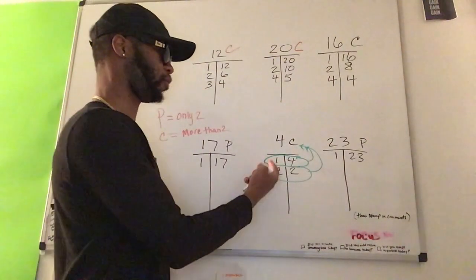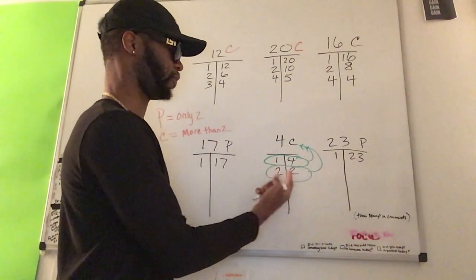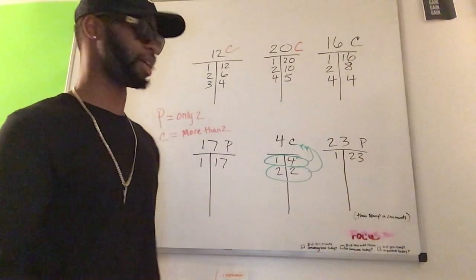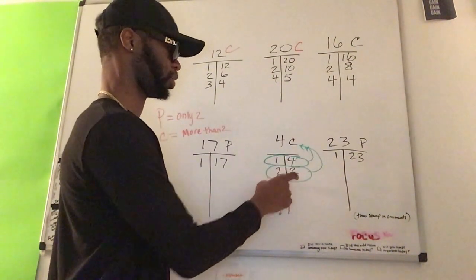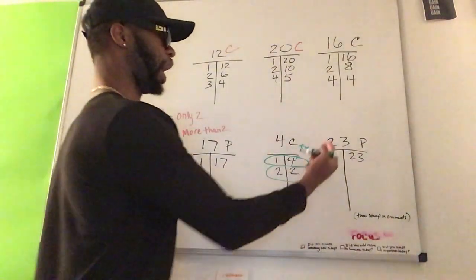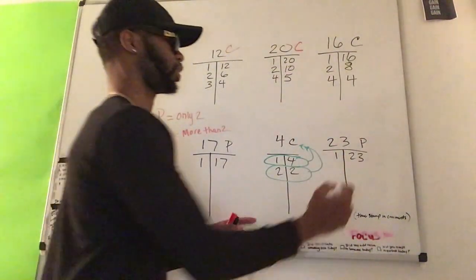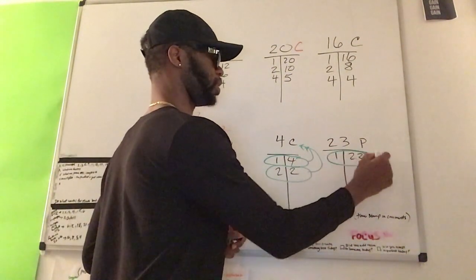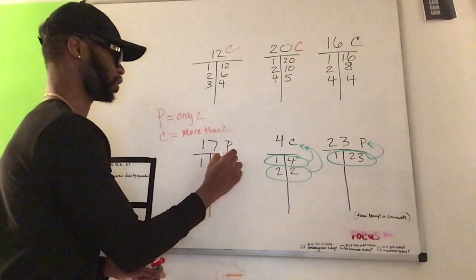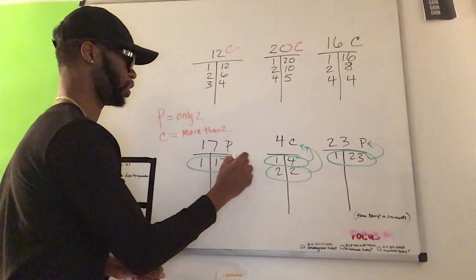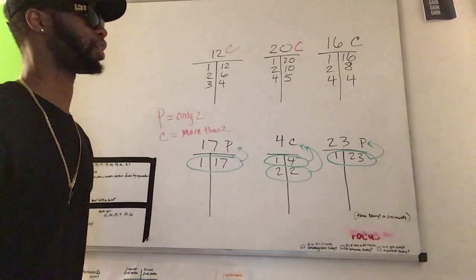We know that there's 4 factors altogether, 1, 2, 3, 4. But when I'm looking for the pairs, I have to group it into twos. 1 pair, 2 pairs. How many pairs are there for 23? These two numbers, that's 1 pair. There's 1 factor pair for 23. For 17, there's 1 factor pair for 17.